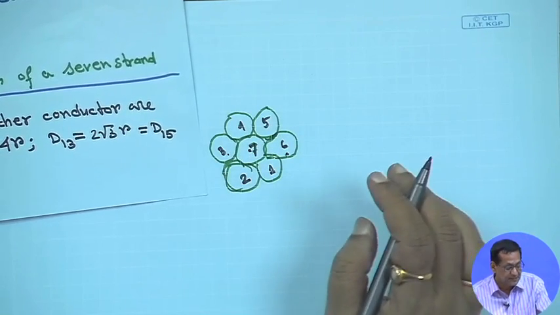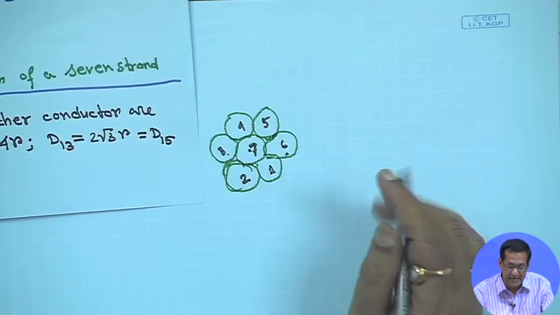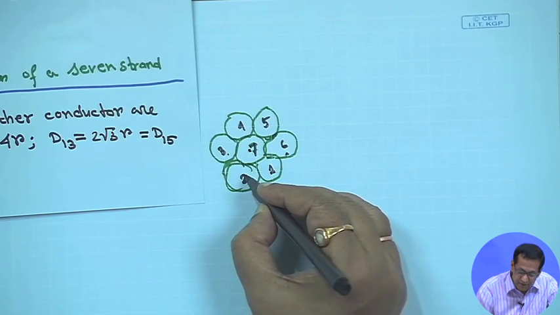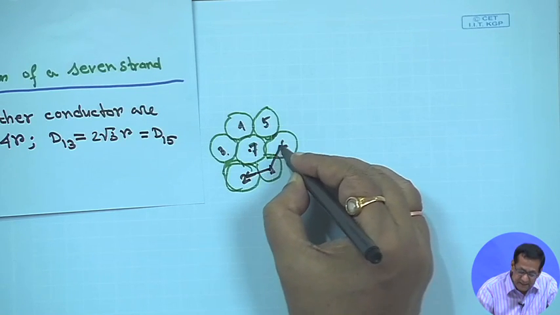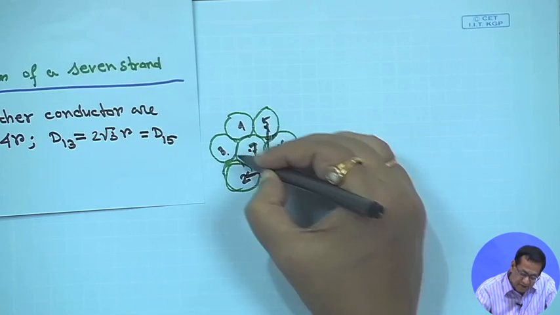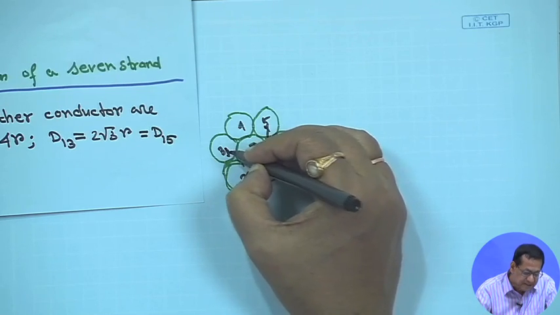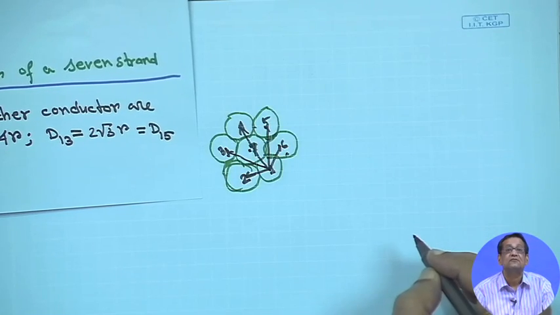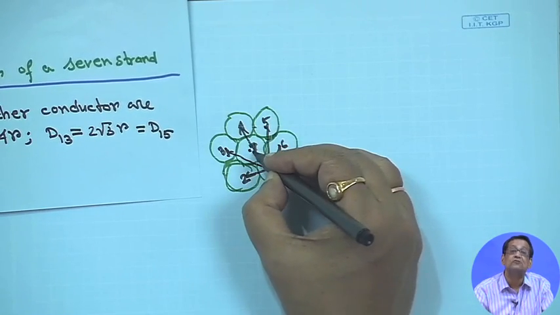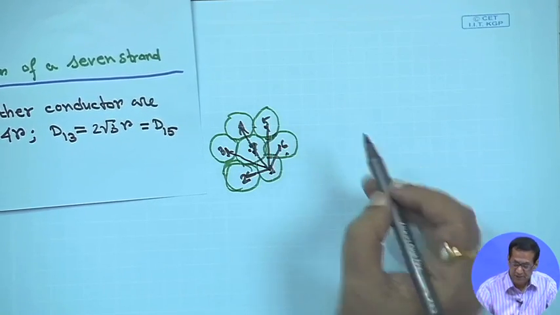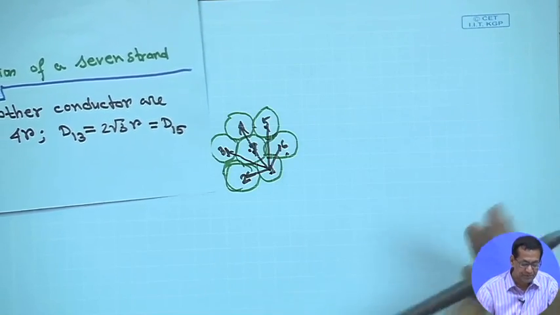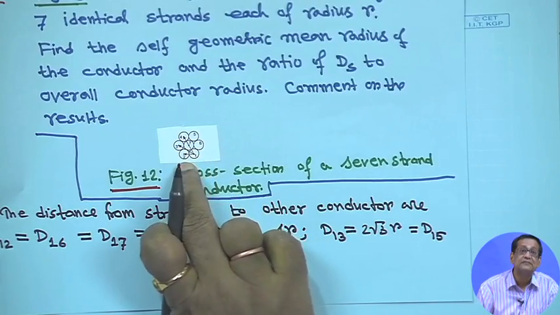First you have to see the distances from strand 1, center to center. Here to here is one distance, and similarly the others, and also from here to the center. So, first, 1 to 2: this is 1, this is 2.